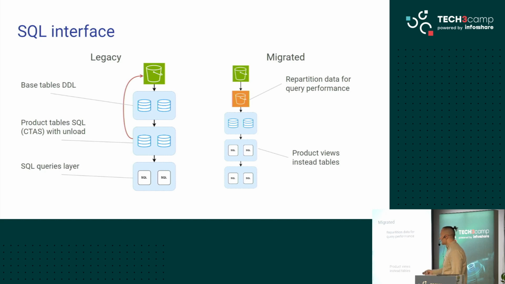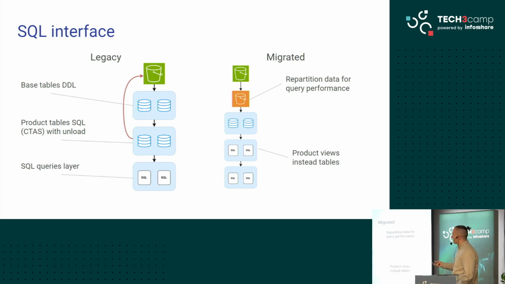Then another layer of SQL queries is used to get data into the engine. We did not make many updates to this structure, but we wanted to avoid this additional unload process. As it might be in the original solution, it might not be very reliable, and we did not want outages in data access.